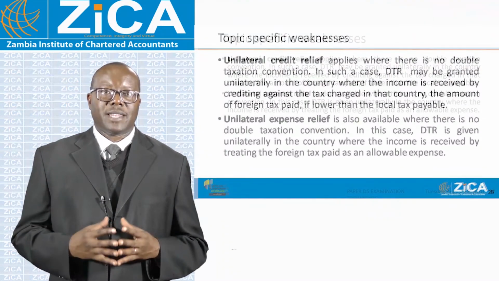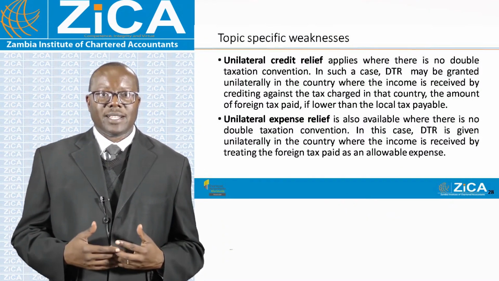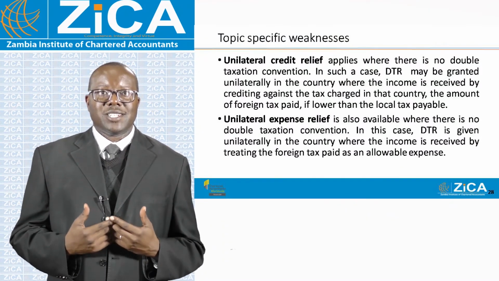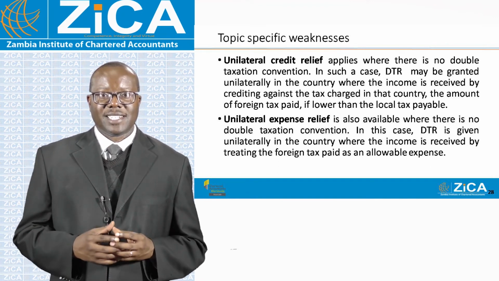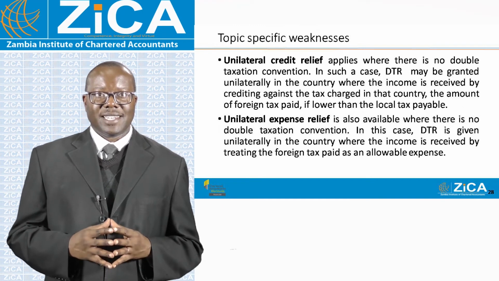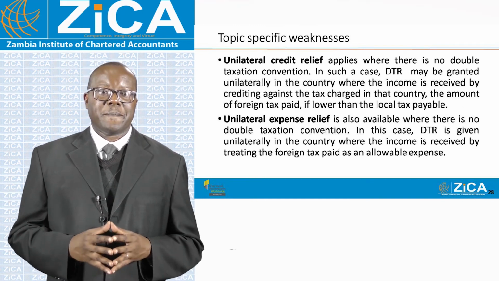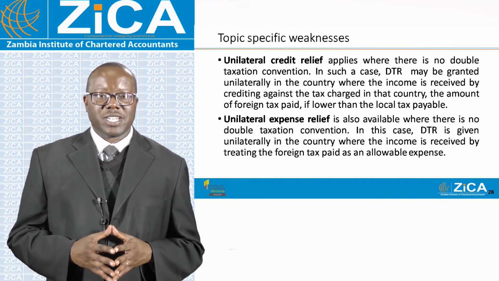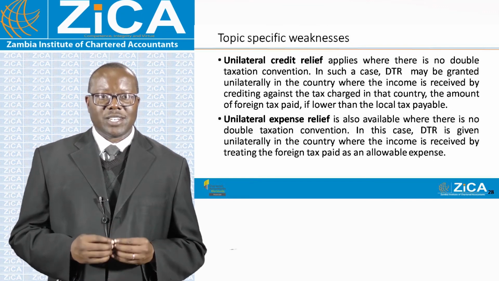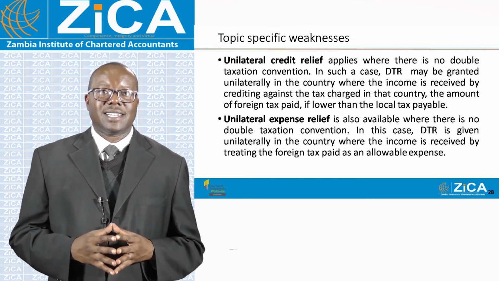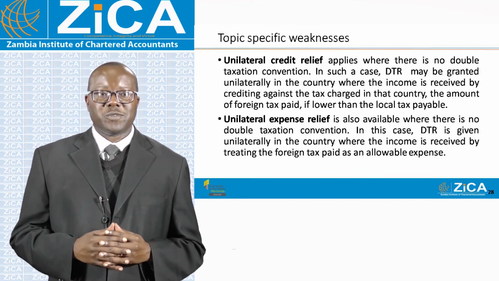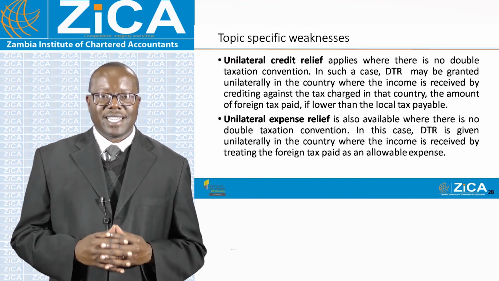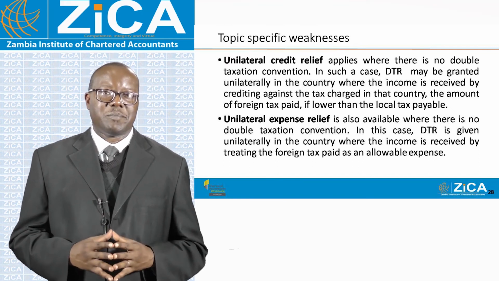Unilateral credit relief applies where there is no double taxation convention. In such a case, double taxation relief may be granted unilaterally in the country where the income is received by crediting against the tax charged in that country the amount of foreign tax paid, if lower than the local tax payable.